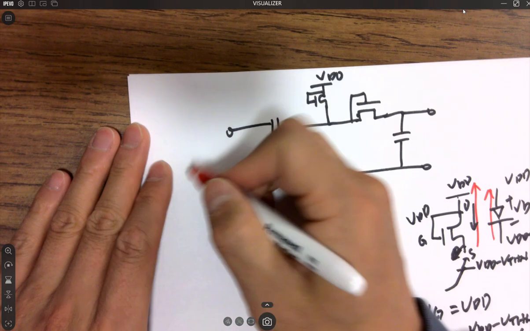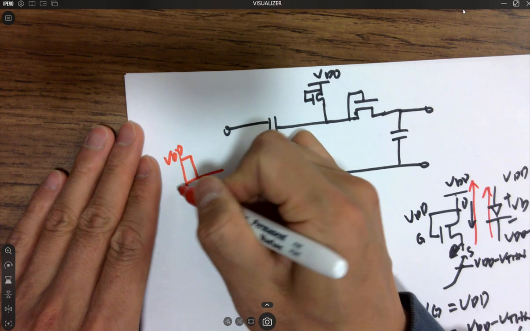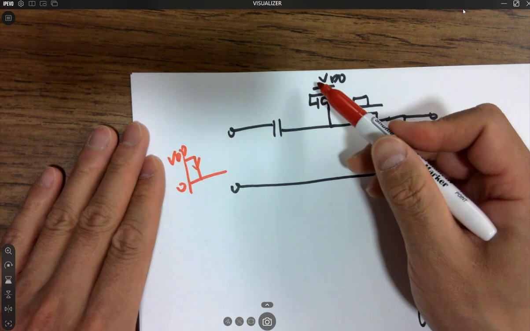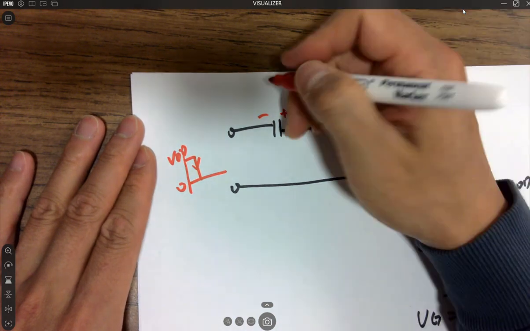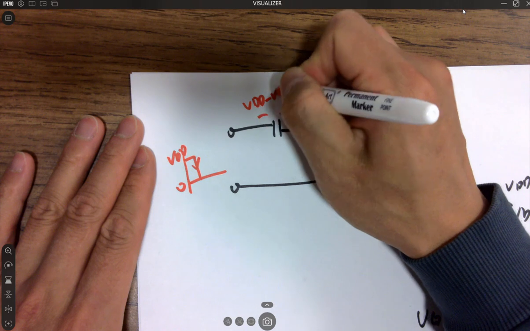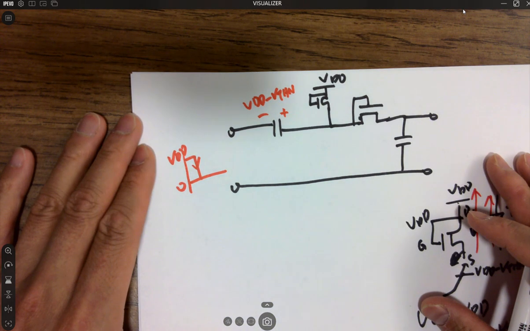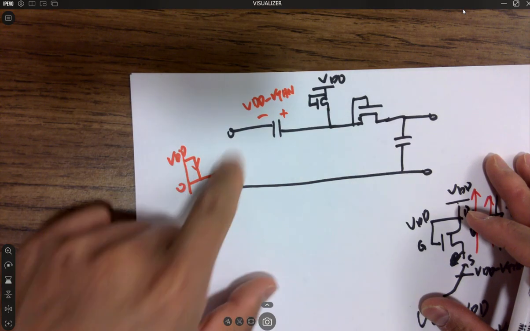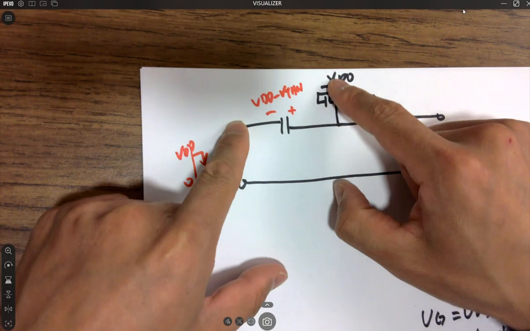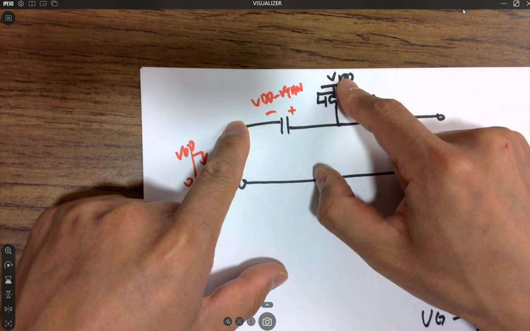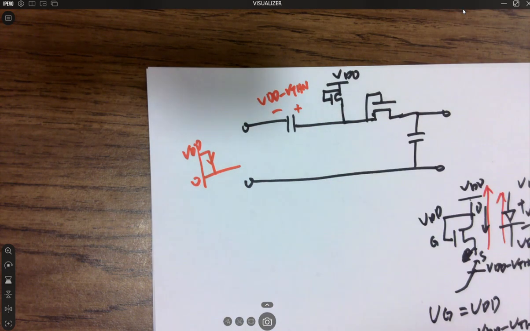So when this one goes from VDD to 0, it's the falling edge, and it's charging up the cap with the voltage VDD minus VTHN. Whenever it's pulling down, it's a falling edge, it will run current through here and charge it up because this is open, right? It's going to pull current to the capacitor.